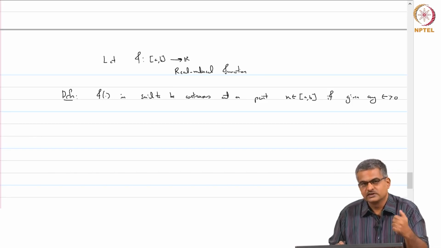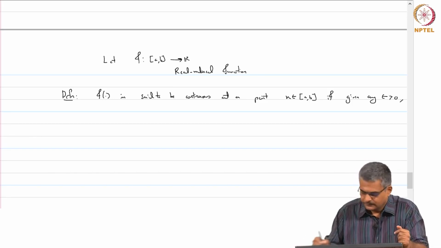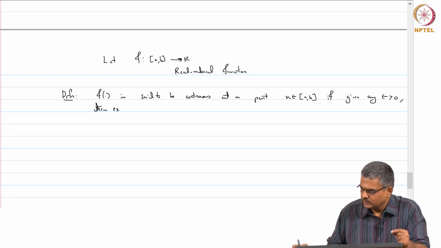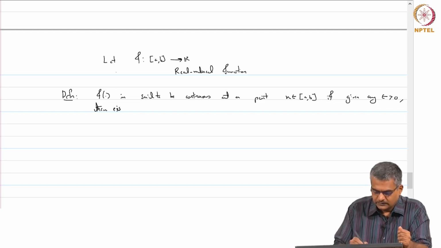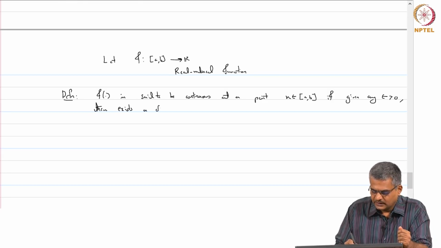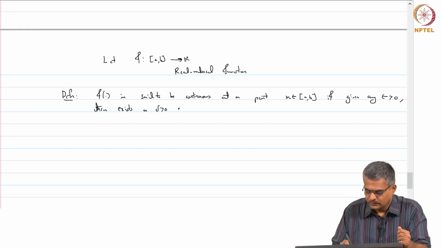So, an epsilon is like a challenge thrown to you, and if you can come up with, given any x belonging to a b, continuity at x, if given any epsilon greater than 0, there exists a delta greater than 0 such that the following holds.